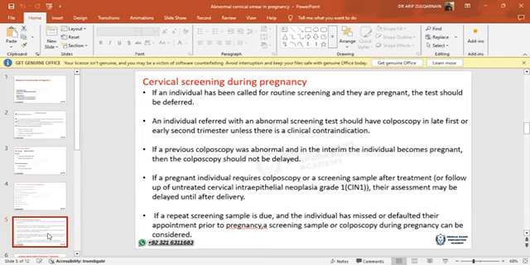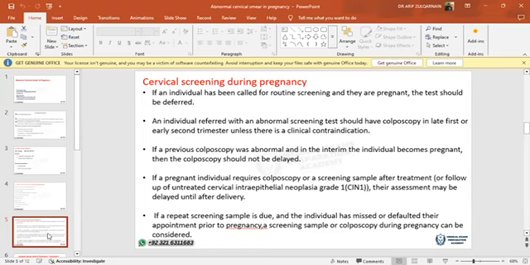The next is if a pregnant individual requires colposcopy or a screening sample after treatment or follow-up after CIN1. This is important. This is not the invasive disease like CIN2 or 3, not the advanced disease. This is CIN1 only. Then their assessment may be delayed until after delivery.